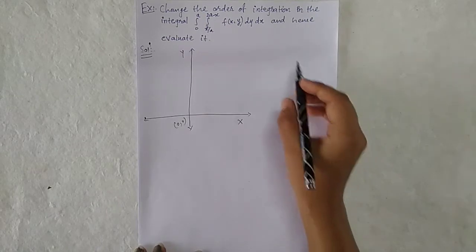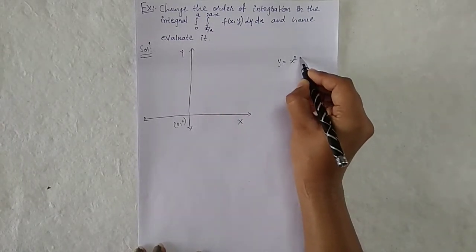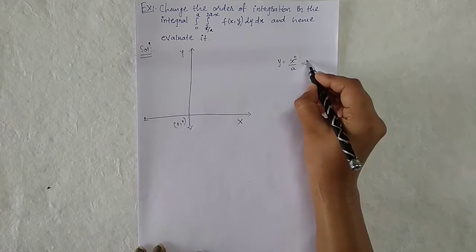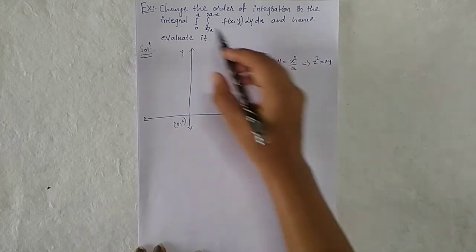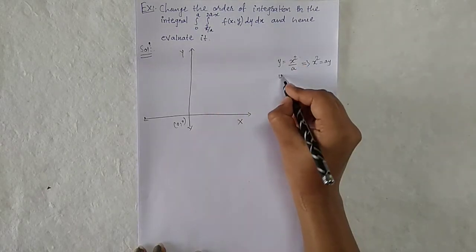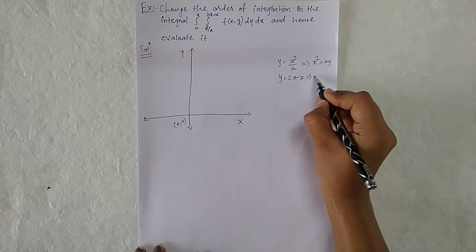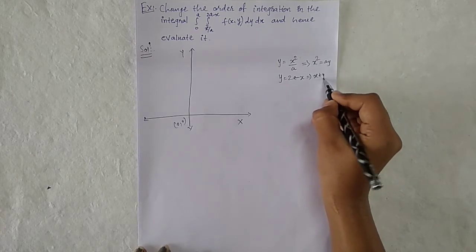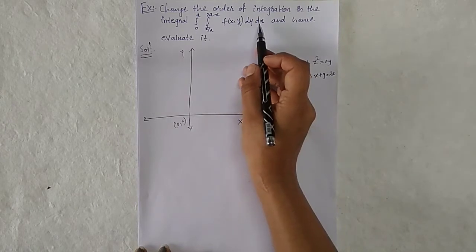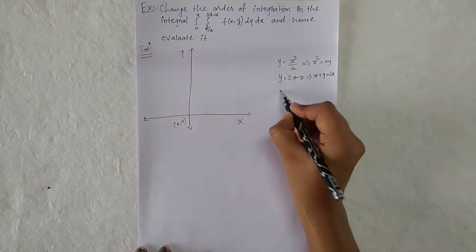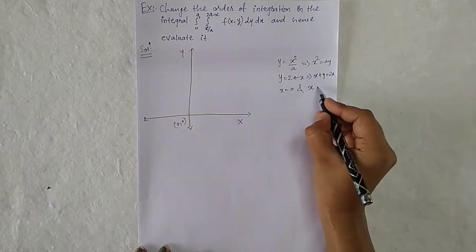So the lower limit is y is equal to x square by a, which implies that x square is equal to ay, and the upper limit is y is equal to 2a minus x. So you can write it as x plus y is equal to 2a, and the limit for x is x is equal to 0 and x is equal to a.